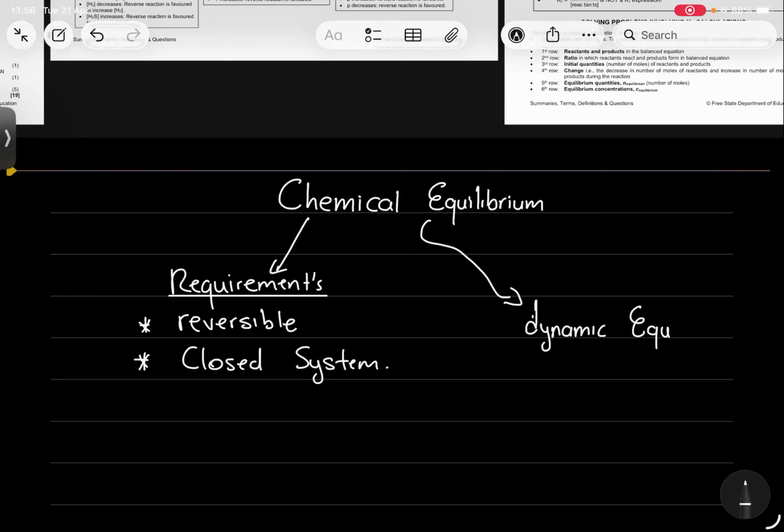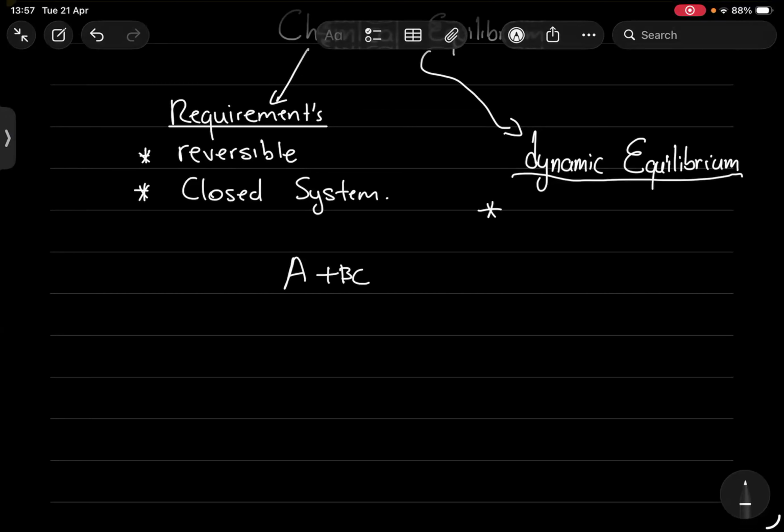Obviously, it is when the rate of the forward reaction equals the rate of the reverse reaction. It means the amount of the products. Remember, guys, the reaction is something like this. If we have AB, you are going to receive what? A plus B, right?